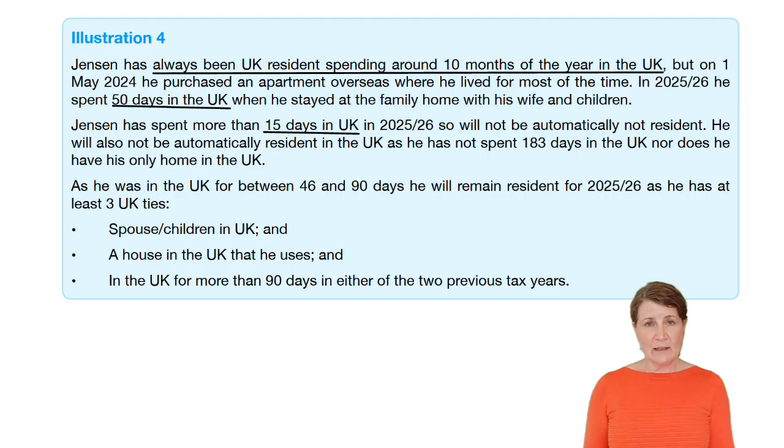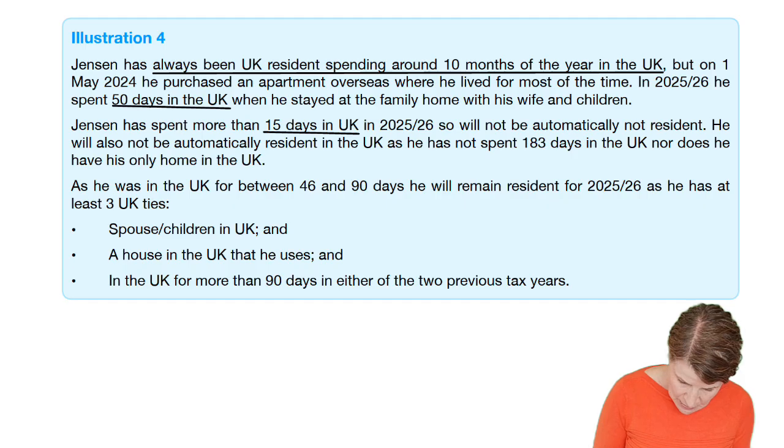Now, when we look at the automatic UK test, which is step 2, he doesn't pass the first one because he's got to spend at least half the tax year in the UK, 183 days or more, which he doesn't, he only spends 50. It doesn't mention anything about full-time work, so we can assume that he doesn't work. And his only home is not in the UK because he lives in the UK with his wife and kids, and also he's got a home overseas.